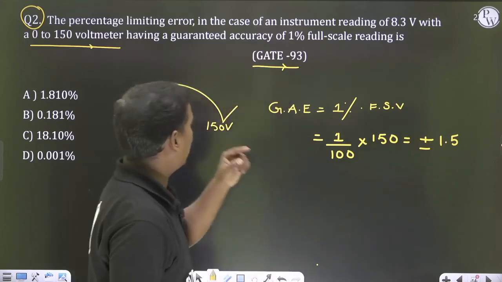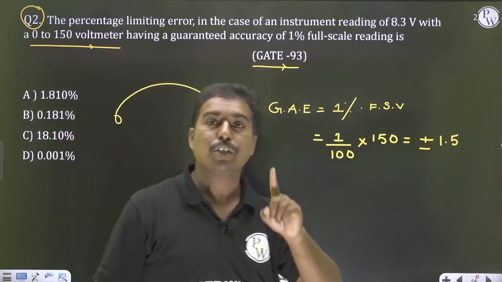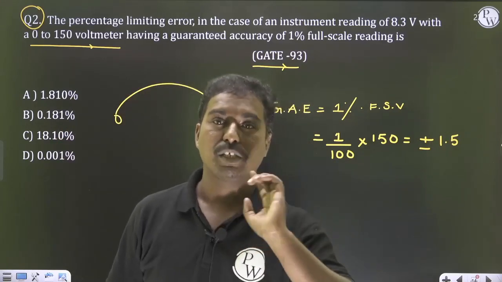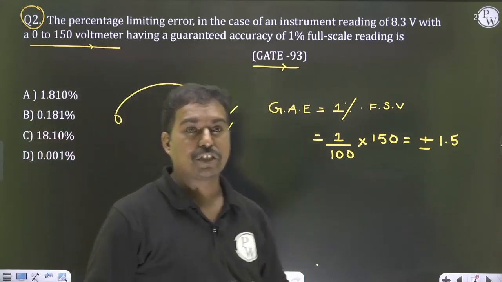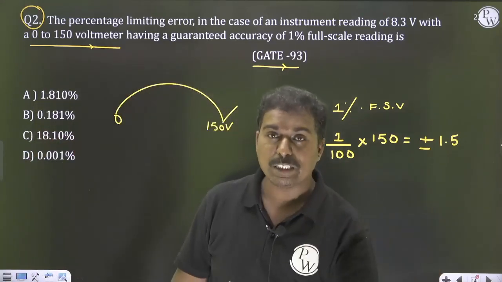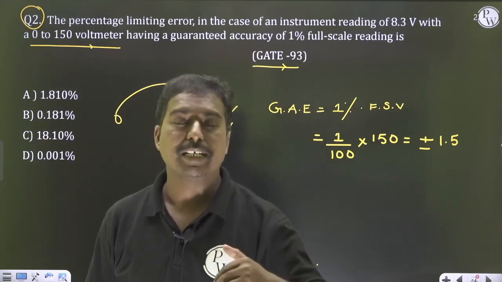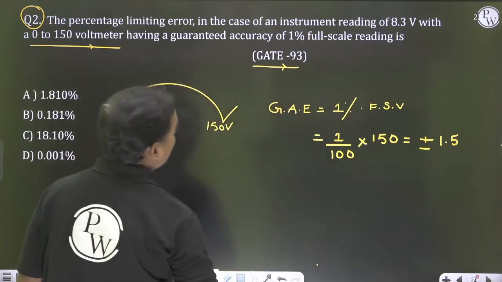That means when you measure the full scale value of 150 volts, this instrument is not going to give you exactly 150 volts. The instrument will give you either 150 plus or minus 1.5 volts. Now, by using this instrument, which has plus or minus 1.5 volts as a limiting error, what is the percentage of limiting error for a reading of 8.3 volts?